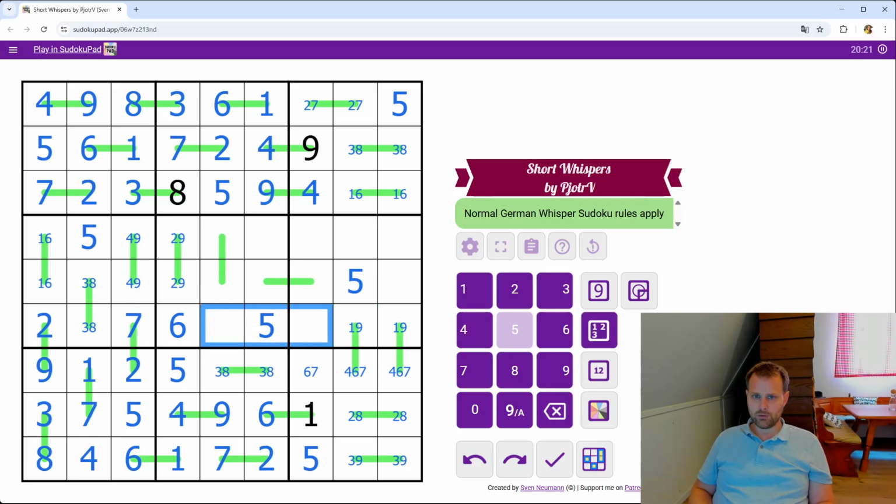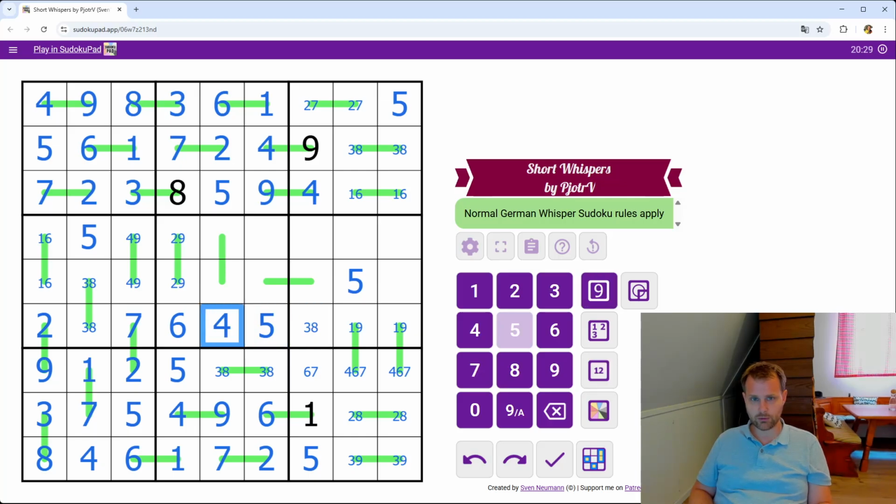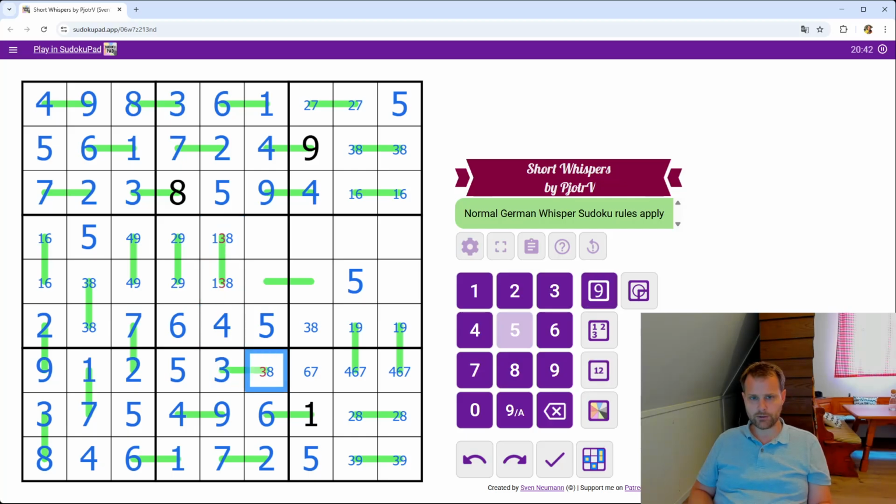So this is a 1, 9, these are from 3, 8 and something. 4 apparently, well the 4 must then go there. These are from 3, 8 and 1. So this is a 1 or a 3 with an 8, so this is not an 8.